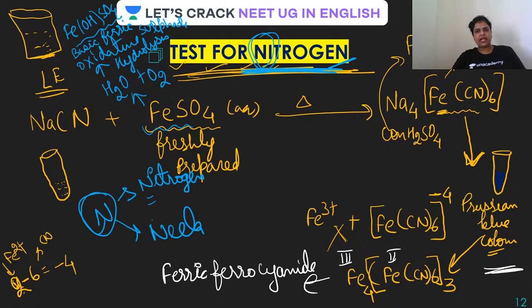So what will happen? We will not get the Prussian blue color precipitate. It will disturb the test. Therefore, we always prefer to have freshly prepared FeSO4.